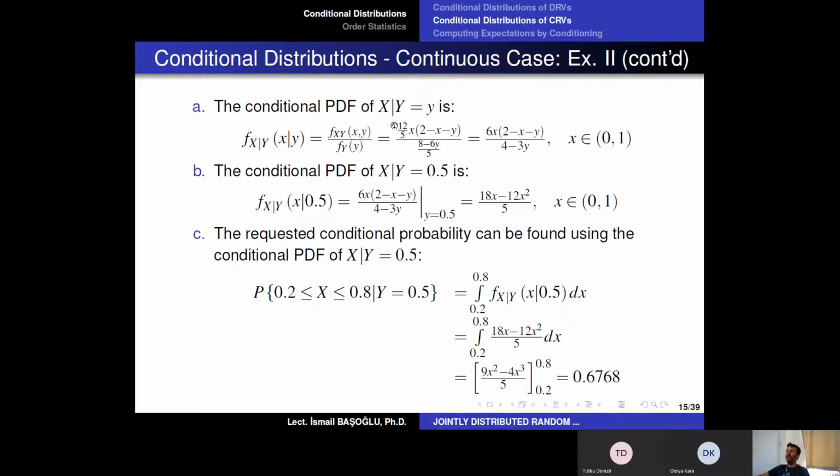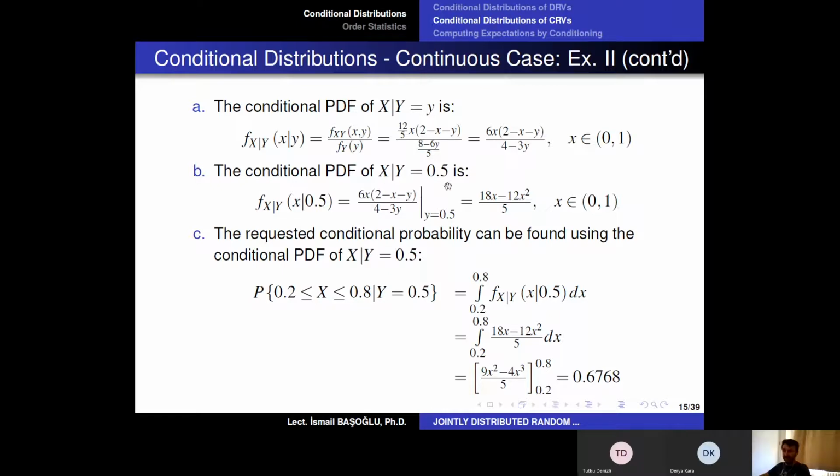When you divide the joint PDF by this marginal PDF of y, you get a function of x that also seems to be a function of y, because we do not know the specific observation. But this function is a PDF of x, not a PDF of y.